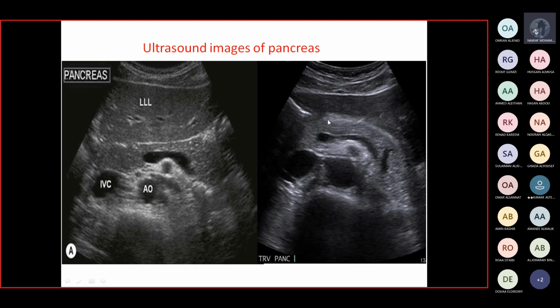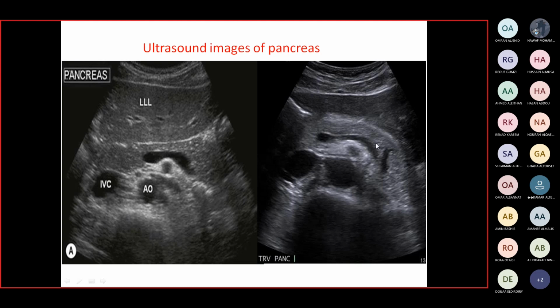This is the pancreas, an axial cut. The pancreas is anterior to the splenic vein. This is the splenic vein, this is the portal vein, and this is the superior mesenteric artery. This is the relation of the pancreas to the vessels.